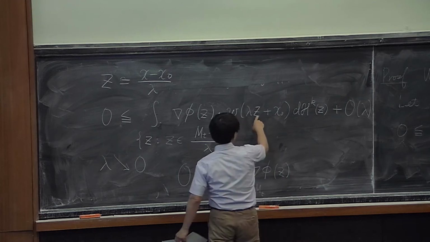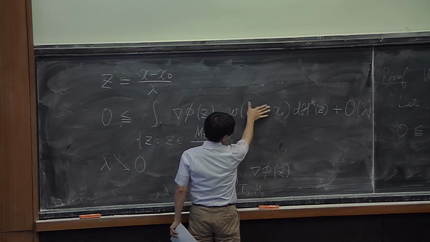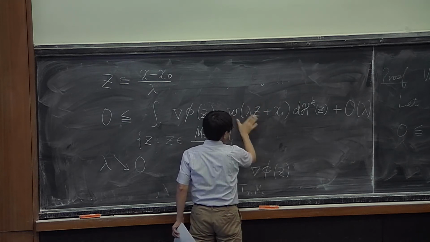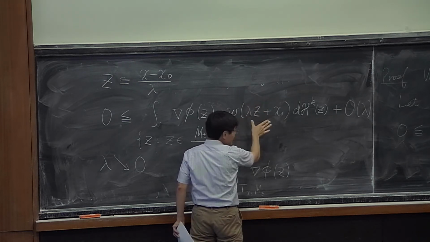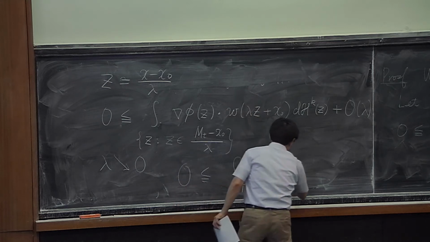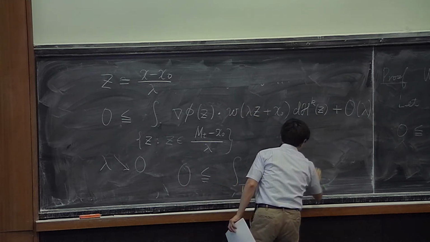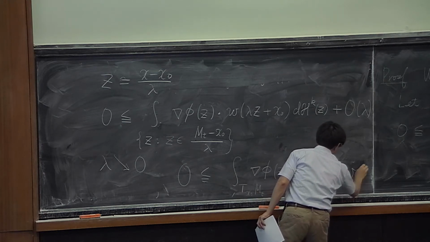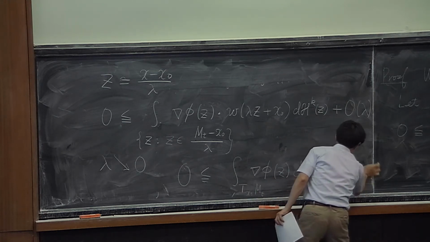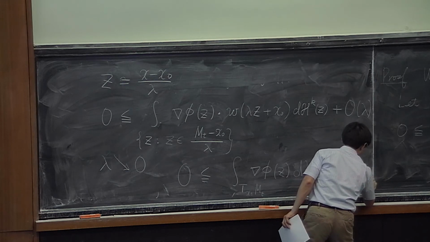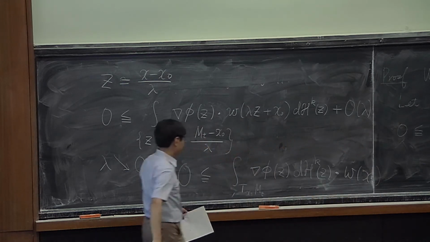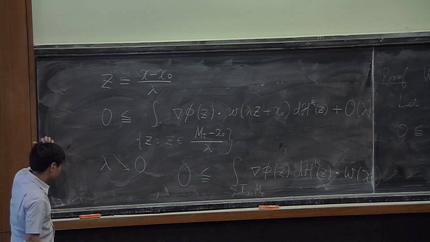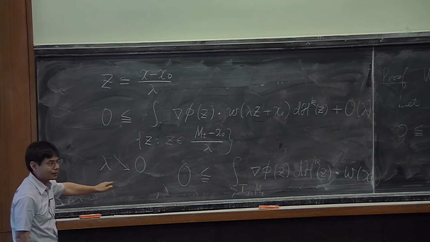Now notice that once lambda goes to 0, you don't have this guy. So this is like a constant vector after lambda goes to 0. So I might take this outside of this integration. So here it's x0. Okay, you have this in the limit. No problem. I hope that's fine.